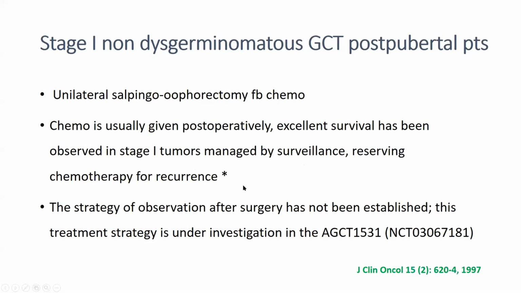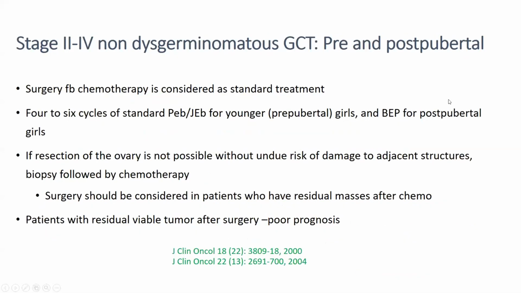There are many studies, only retrospective, which have shown that if these patients are kept on follow-up after surgery, the outcome is excellent, and whenever a relapse happens, it can be salvaged with chemotherapy. But again, this issue is being addressed in a trial which is investigating the role of observation versus chemotherapy in these patients.